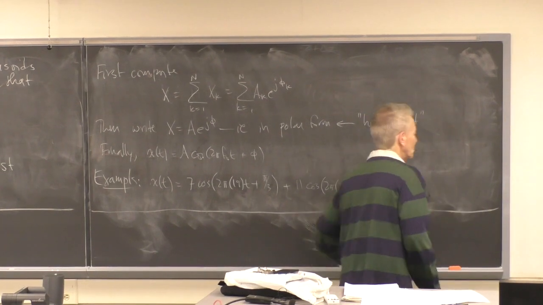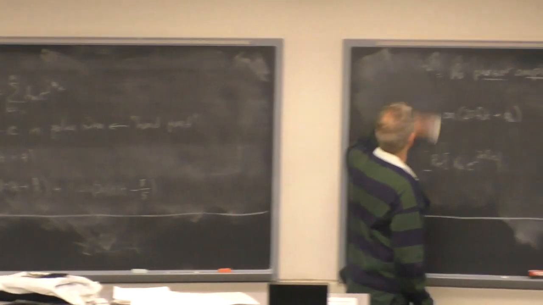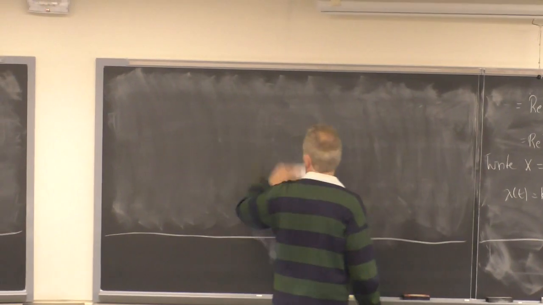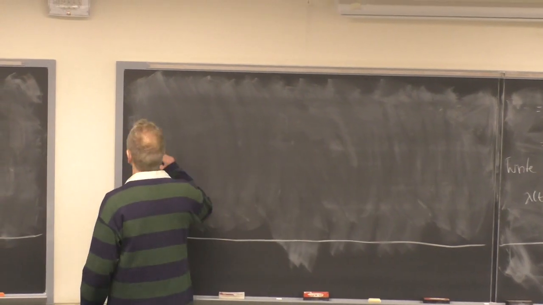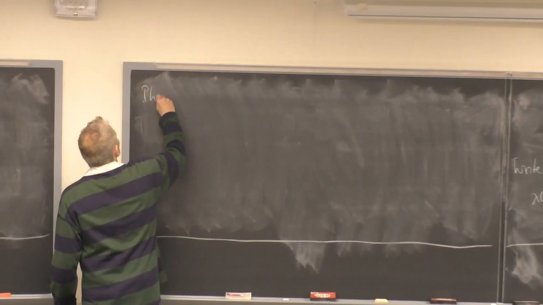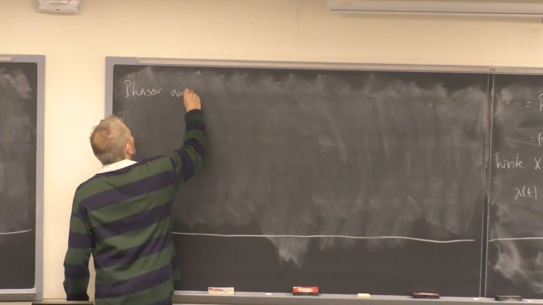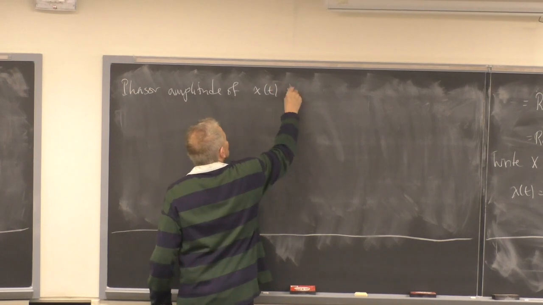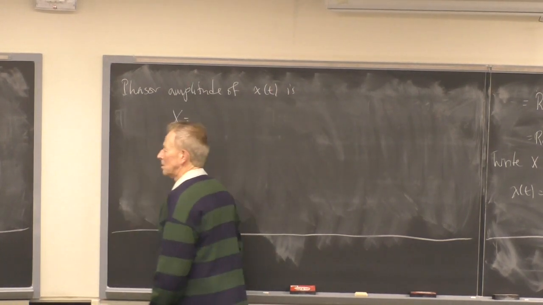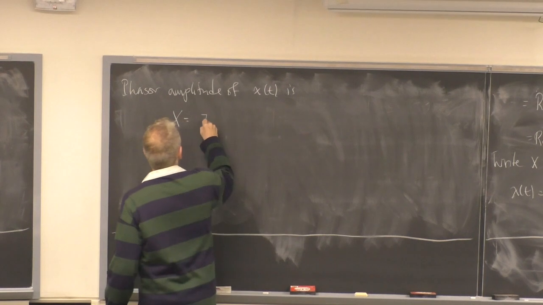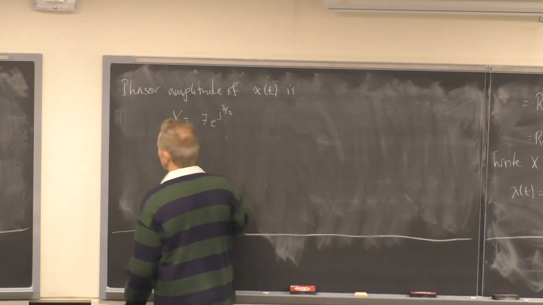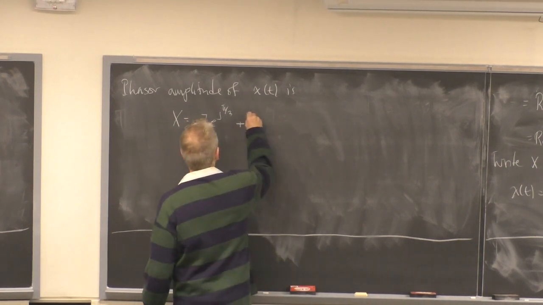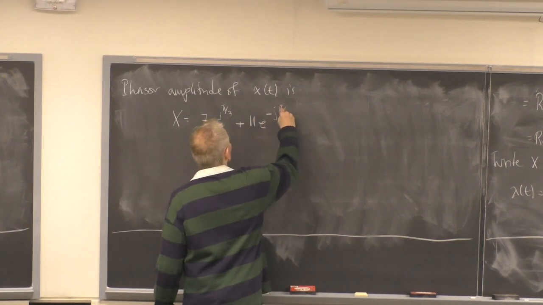You find the Phasor amplitudes of the individual terms. So the Phasor amplitude of x of t is going to be cap X equals the Phasor amplitude of the first term, which is 7e to the j pi over 3, plus the Phasor amplitude of the second term, 11e to the minus j pi over 5.